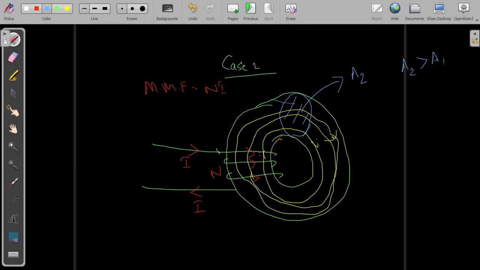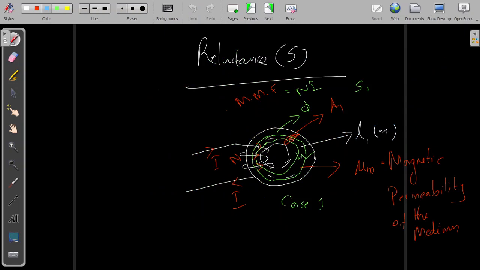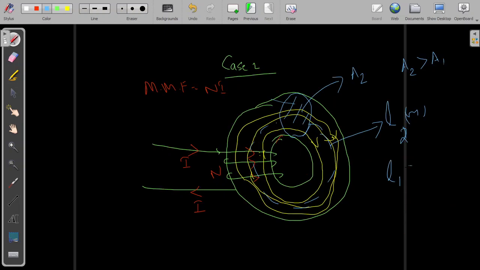And let the length be L2 meter, such that L1, the length of the previous one, is equal to L2. Assume that the length is the same, but the area is somewhat increased.